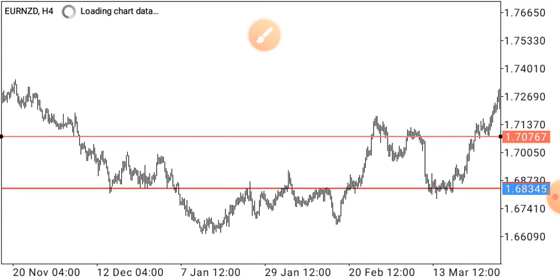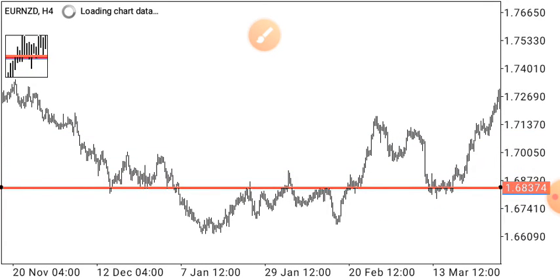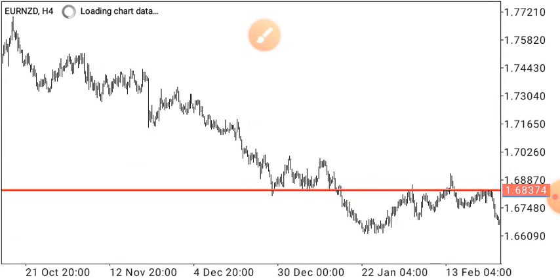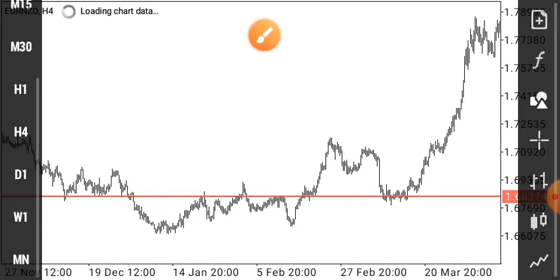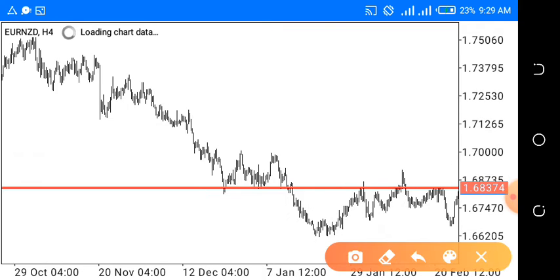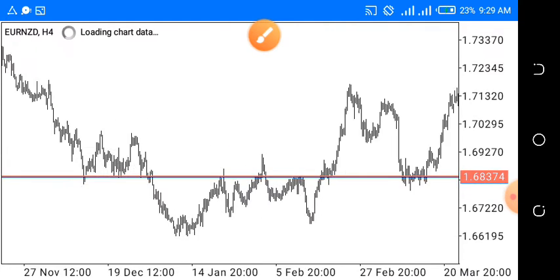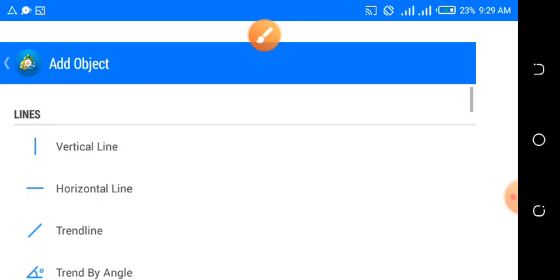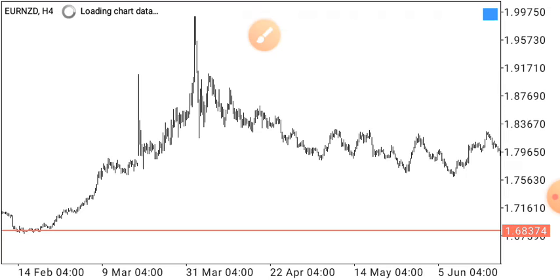Remember, before something can be called a strong resistance, it must have 3 touches. The minimum requirement is 2 touches, but a strong one has 3 or more touches, right? So now you can see this was a support already. Remember, we don't want to be joining support and resistance like normal lines, right?